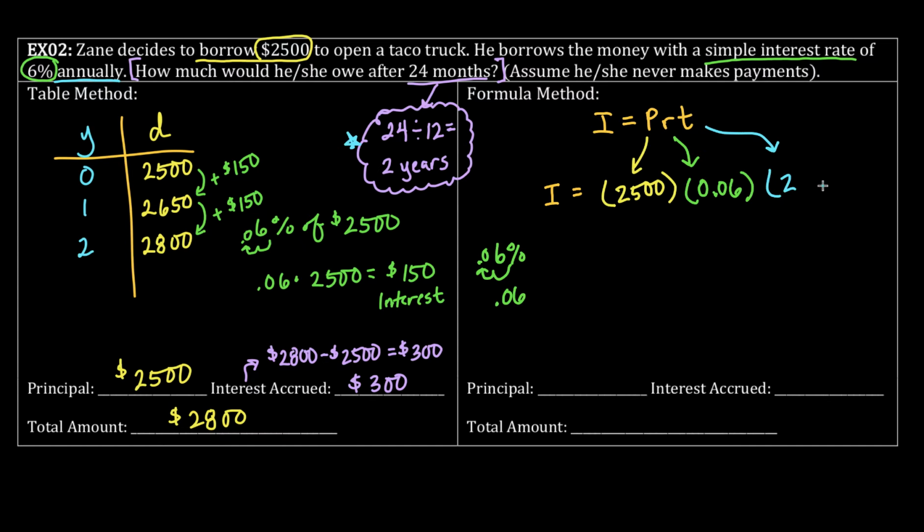So 2 years. And then I calculated the percent, 6% of 2,500, which I can look over here was $150. And then it was over the course of 2 years.